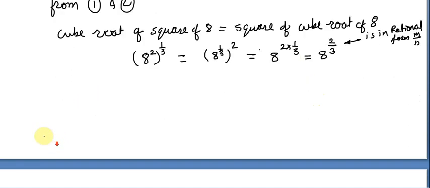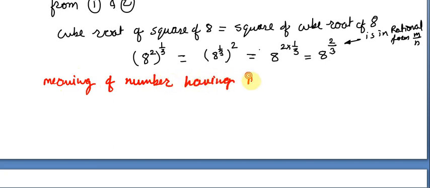So let's see some examples showing the meaning of numbers having index in rational form m by n.